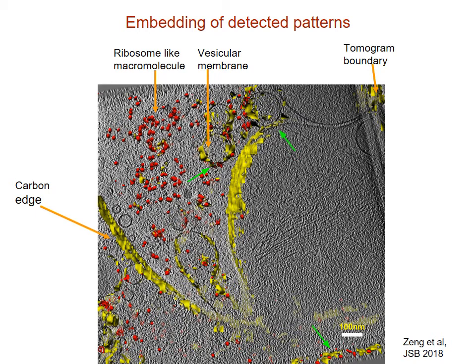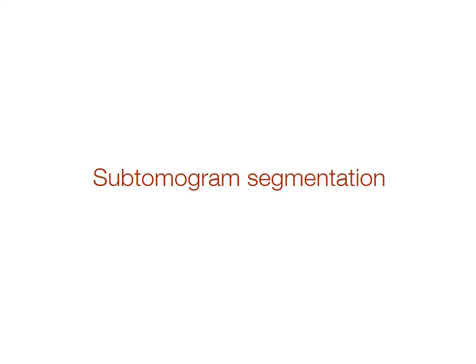This is an example of the classified structural patterns embedded in the original tomogram, and we can see that a number of membrane patterns and also blob-like ribosome-similar patterns are detected with distinct spatial distribution.